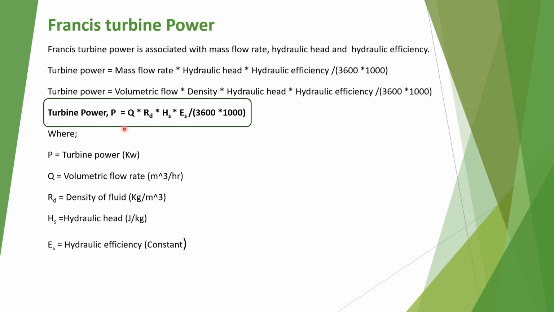So turbine power P is equal to Q into RT into HS into ES upon 3600 into 1000, where P is the turbine power, Q is the volumetric flow rate in meter cube per hour, RT is the density of fluid, HS is the hydraulic head in joule per kg, and ES is the hydraulic efficiency; 3600 and 1000 are constants.